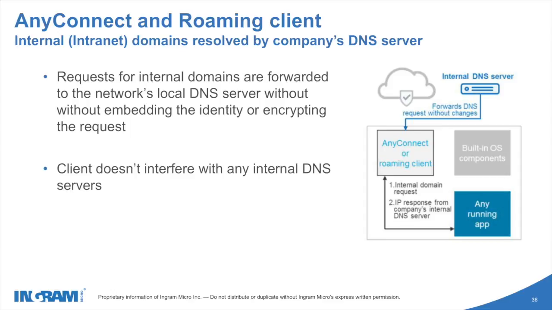This slide shows the AnyConnect and roaming client with the internal or internet domains resolved by the company's DNS server. So requests for internal domains are forwarded to the network's local DNS server without embedding the identity or encrypting the request, and the client doesn't interfere with any internal DNS servers.